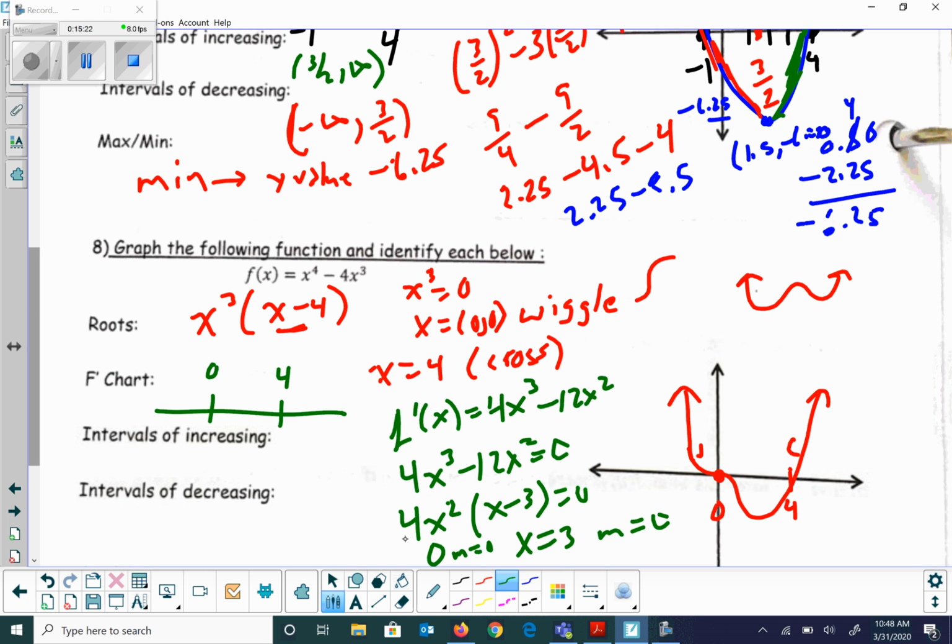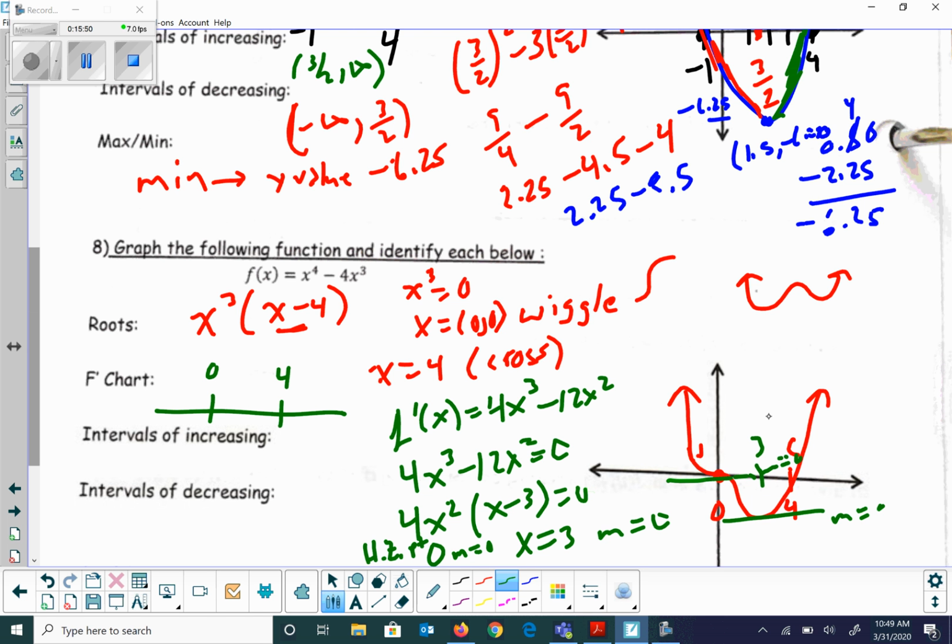So this is our horizontal point of inflection, which is right there, which means you have a slope right there of 0. And then at 3, we also have a horizontal line, m equals 0, and m equals 0.